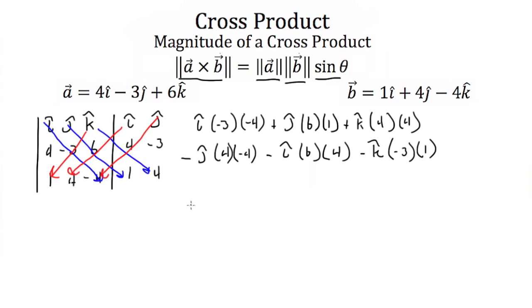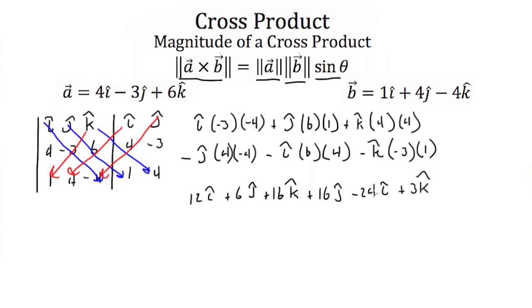So this becomes a positive 12i plus 6j plus 16k plus 16j, because negative 4 times 4 is a negative 16, but then times a negative j makes it a positive 16j, minus 24i, 6 times 4 times a negative i, and then negative 3 times 1 is negative 3 times a negative k, so positive 3k.